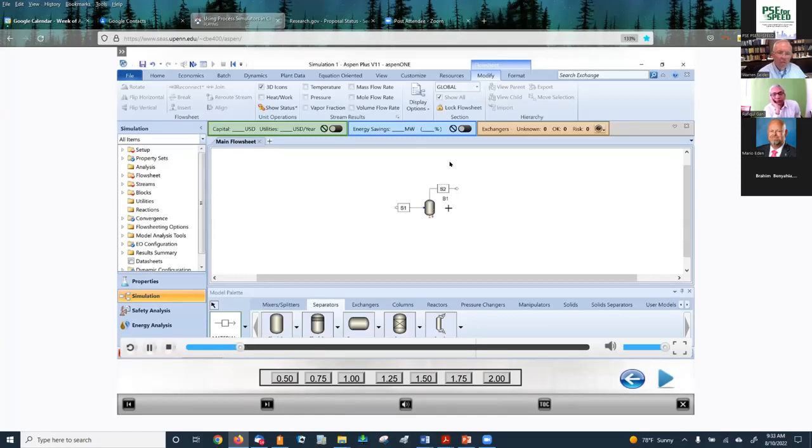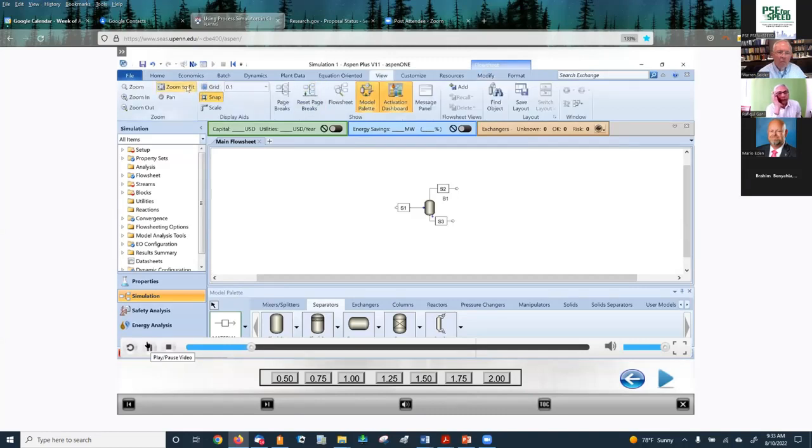So do the same thing, press and then release and press again. And then one more time to specify the liquid stream. All right, so now at this point, I like to make this flow sheet look a little bigger. So if you come up to the View tab and press Zoom to fit, it'll make your flow sheet zoom to fit.